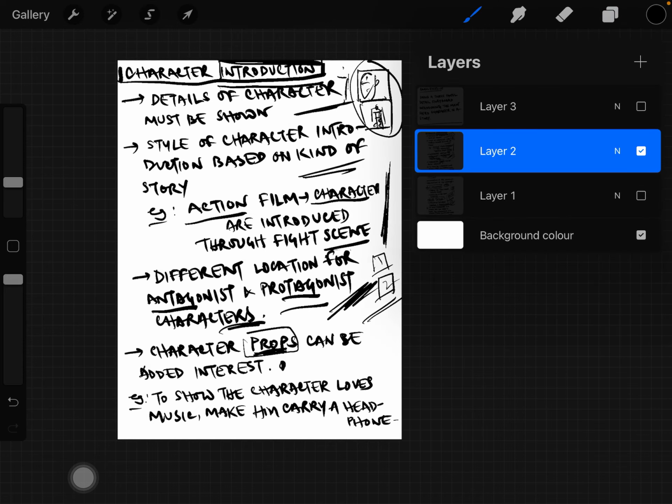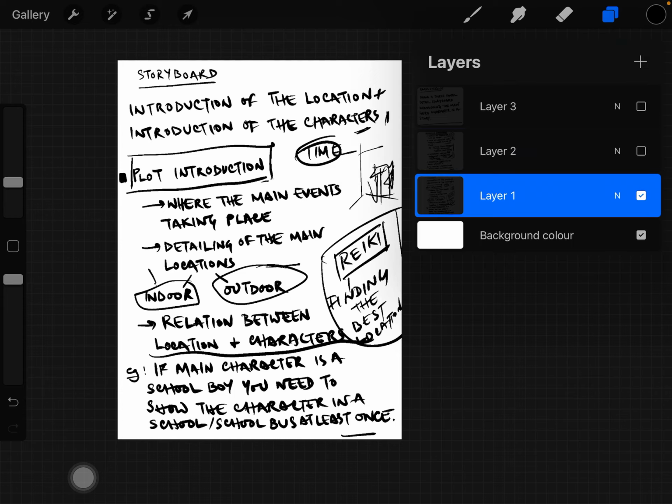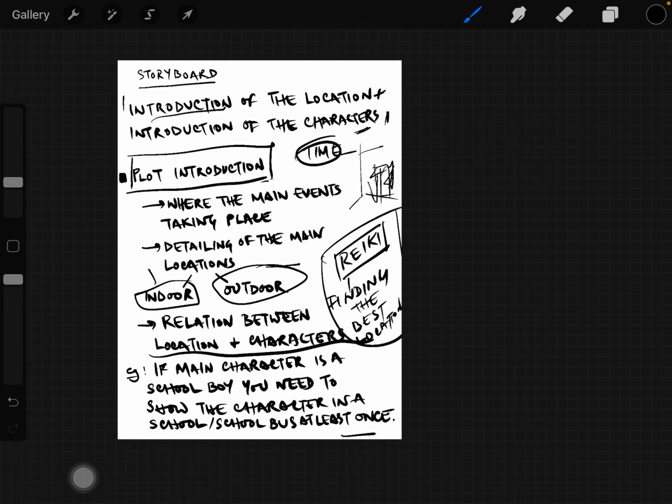So just to summarize, whatever we have learned today is the introduction of those two things: the characters and the location, both of them, how it's starting, the location and the characters, right? The plot introduction comes through the location where the story is taking place.